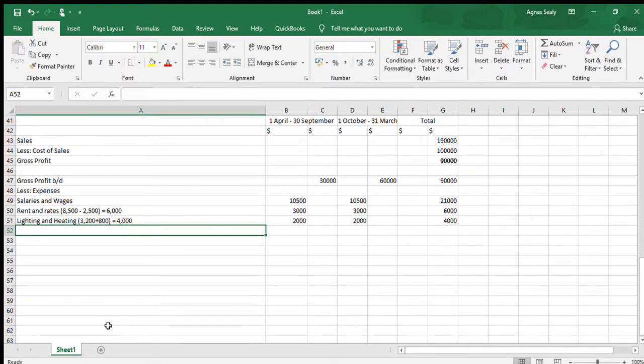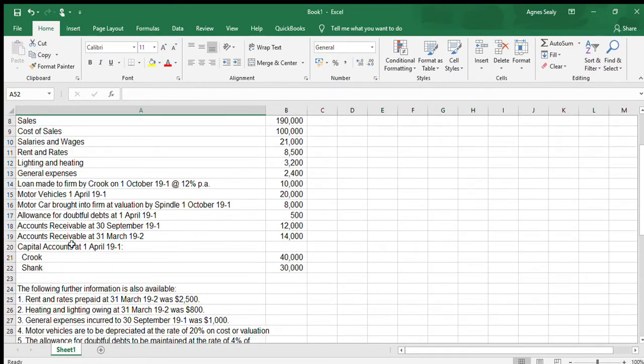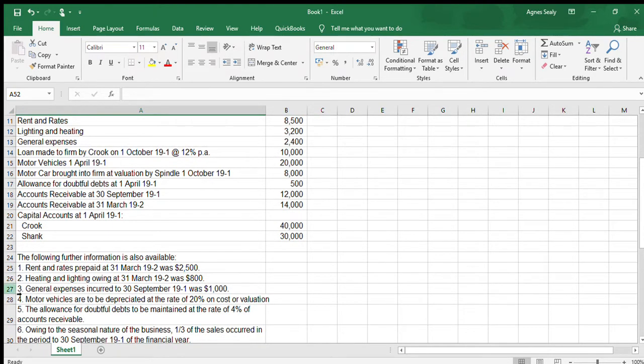Our next expense will be our general expenses. The question stated that general expenses were $2,400, but they're telling us in additional information in note 3 that general expenses incurred to the 30th of September was $1,000.